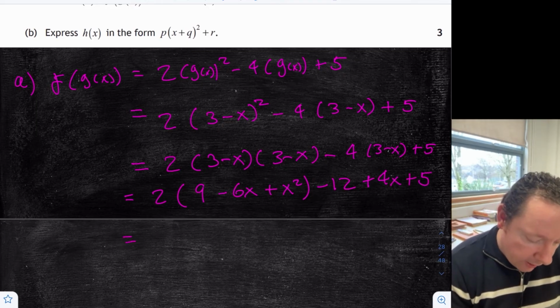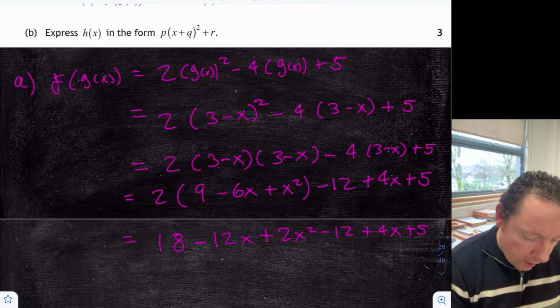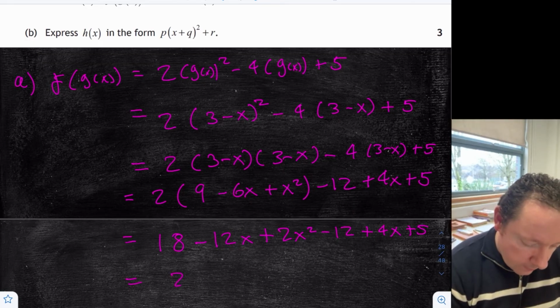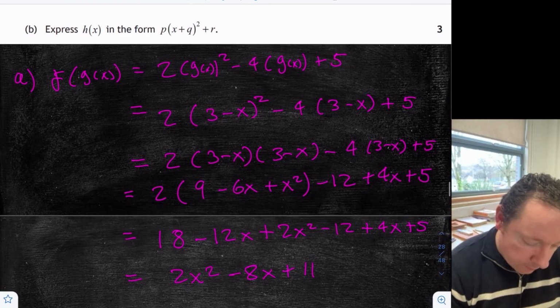So that gives me 18, 2 6's is 12x, plus 2x squared, minus 12 plus 4x plus 5. So that equals 2x squared, and then the x terms, minus 12x plus 4x is minus 8x, and then the number terms, 18 minus 12 is 6, plus 5 is 11. 2x squared minus 8x plus 11, yep, done.